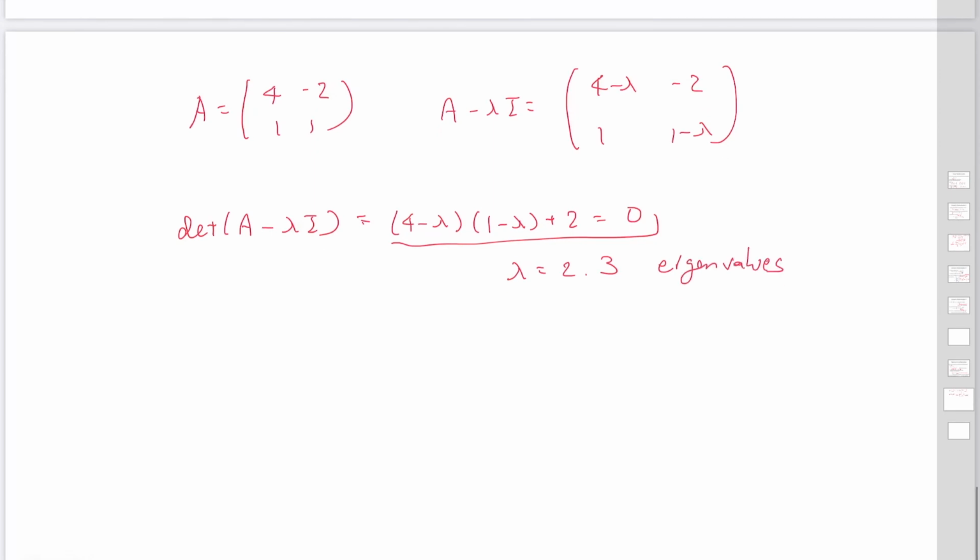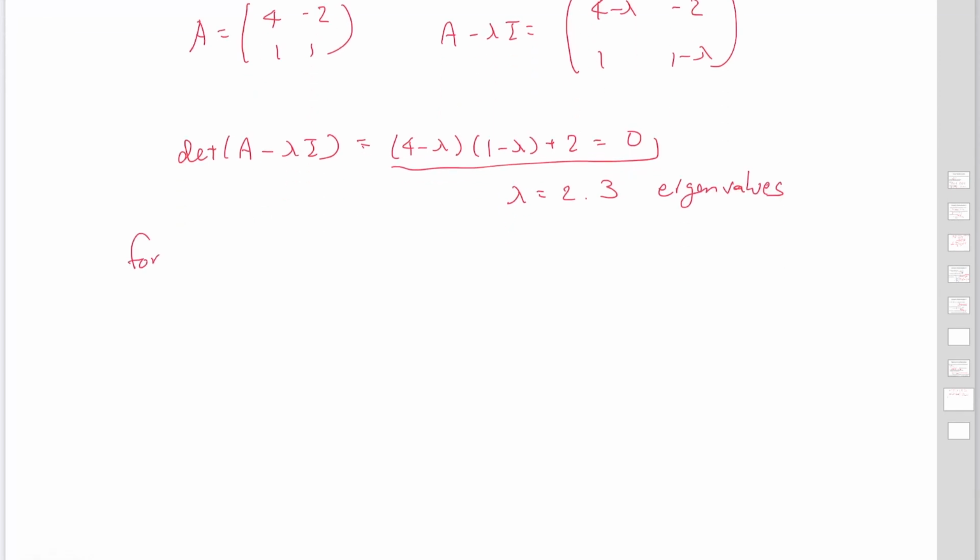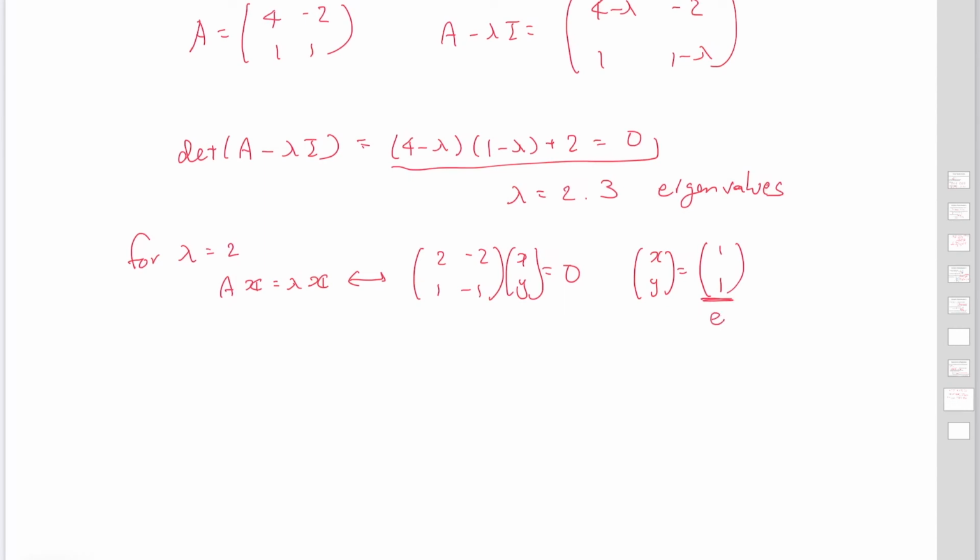For each eigenvalue, when lambda equals 2, you can calculate (A minus lambda I) x equals 0, which is (2, minus 2; 1, minus 1) times (x, y) equals 0. This means (x, y) becomes (1, 1). If you substitute x equal 1, then y equal 1 is satisfied. We call this the eigenvector.